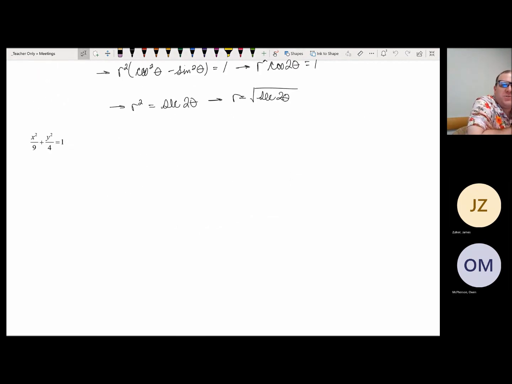X squared over 9 plus y squared over 4 is equal to 1. This is an ellipse with a horizontal major axis. Semi-major is 3, semi-minor is 2.